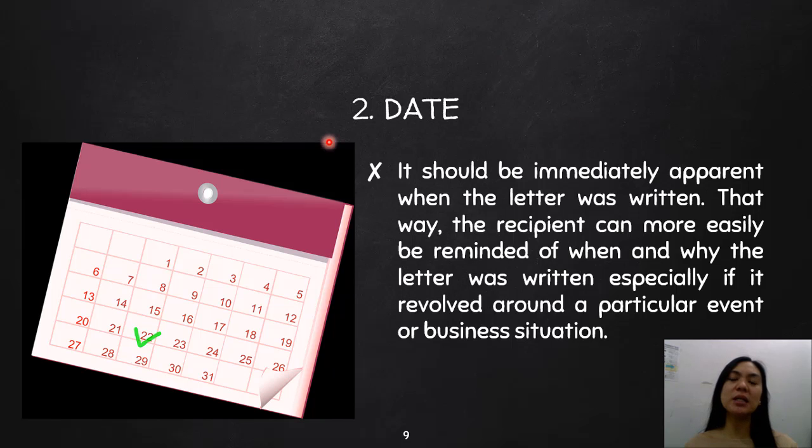Usually, because of technology, whenever you write a letter or an email, especially on Canvas, the date it was sent is already pre-recorded or embedded. But just in case it's not embedded in the application that you are using, it is a must that you write the date.